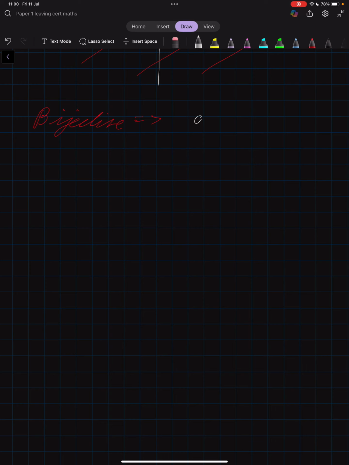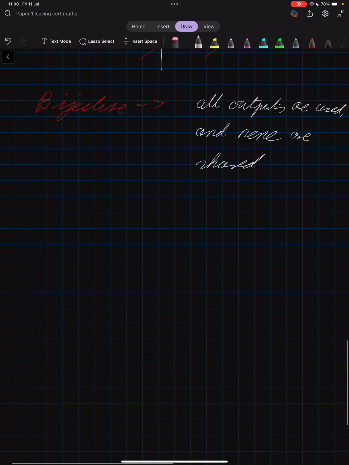So this is when all outputs are used and none are shared. That's basically what bijective is. It's basically surjective and injective combined.